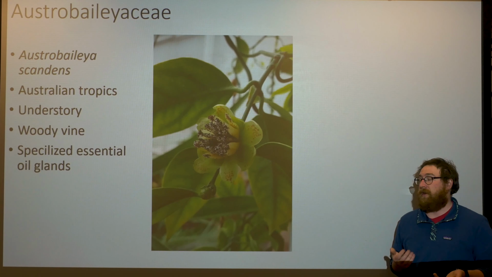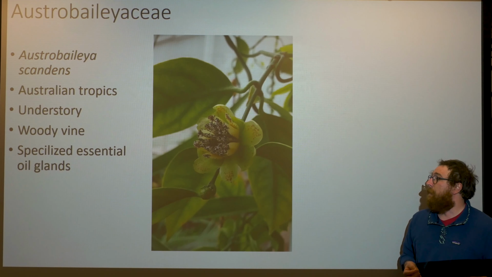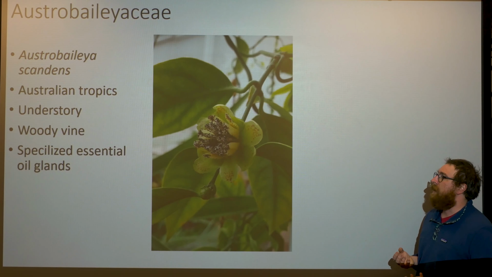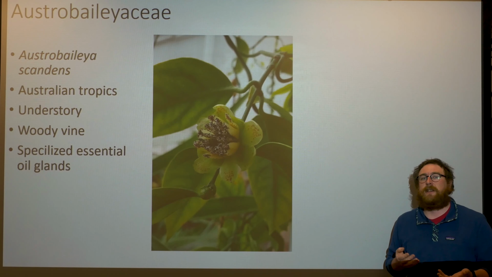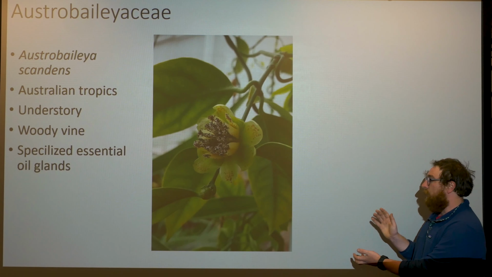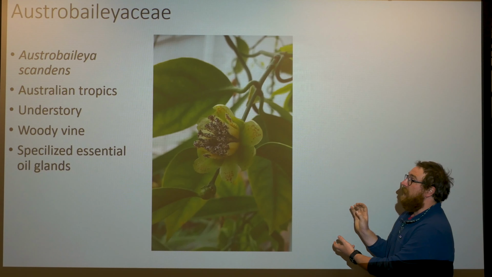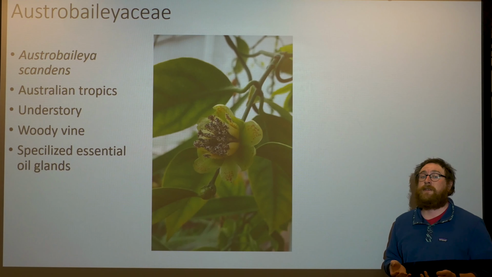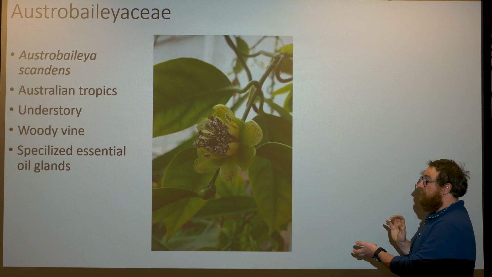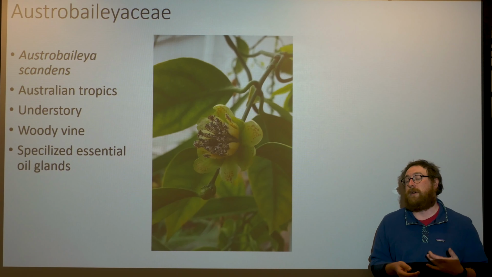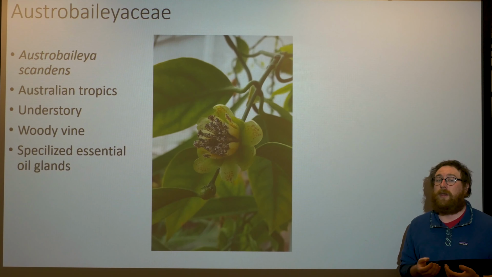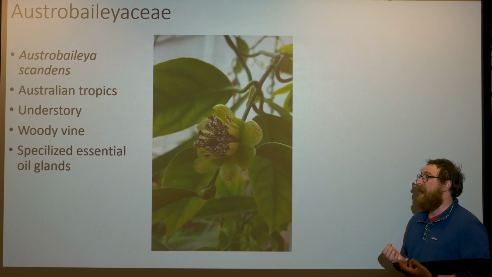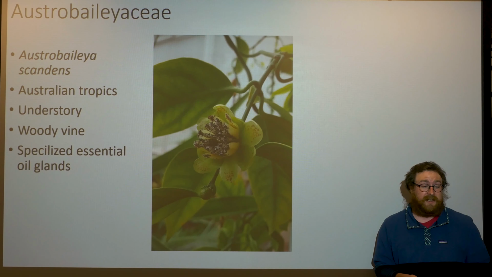It's a weird little understory woody vine, but the interesting thing about it is that it has specialized essential oil glands. So this is really one of the first groups that we see in angiosperms that starts to get very interesting phytochemistry. This phytochemistry is intriguing from an evolutionary aspect because the magnoliids are really good at having a lot of fun chemical compounds in them.